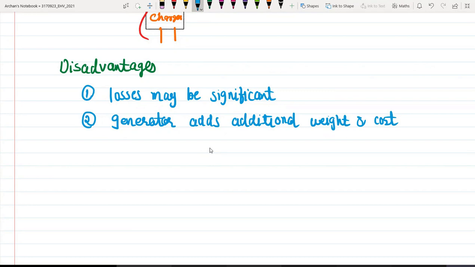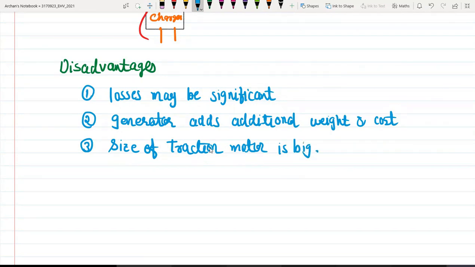And the third is talking about the traction motor. The traction motor must be sized to meet the maximum requirements, since it is the only power plant which is propelling the vehicle. So the size of the traction motor is very big, because this is the only possibility.